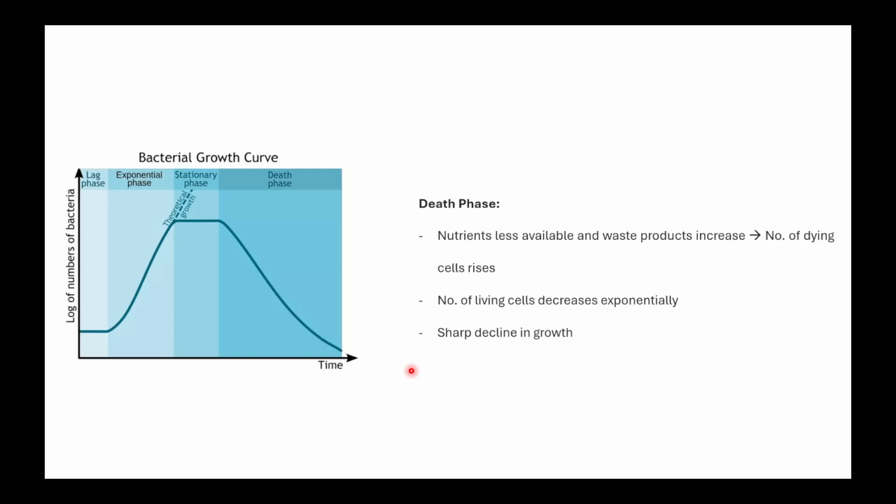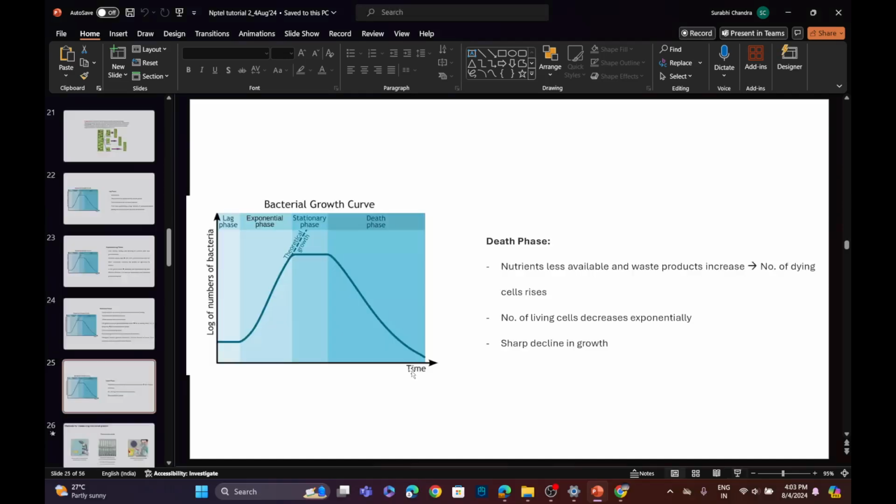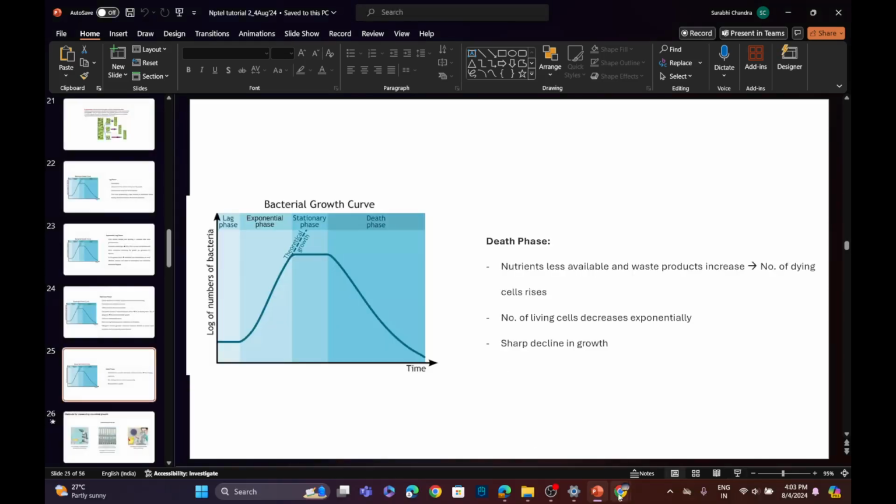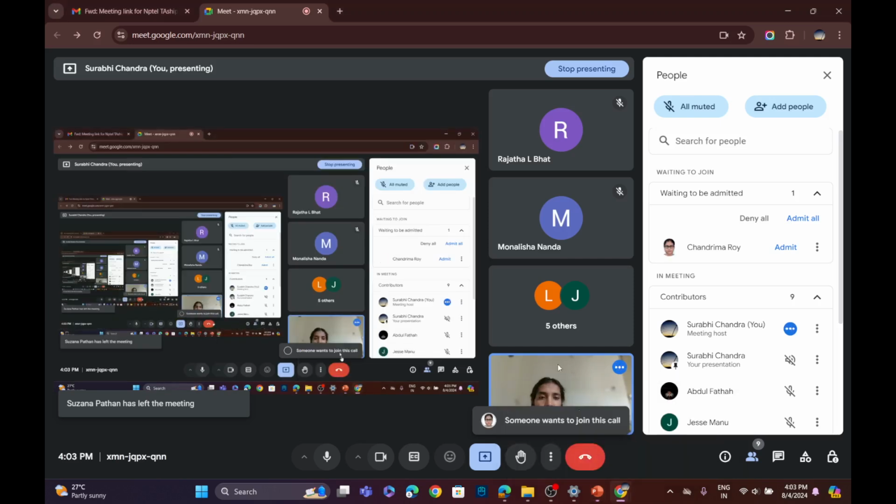So ideally, can someone tell me, suppose we need a large amount of proteins from the cells, what should be the ideal condition for growing the bacteria? At which particular phase can we really harvest the bacterial cells?